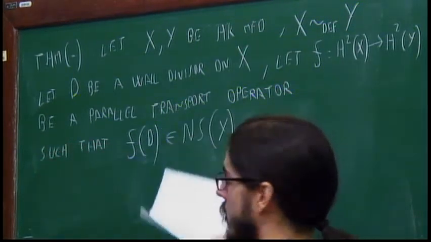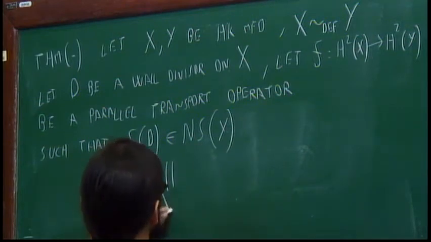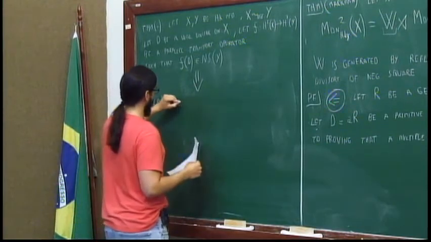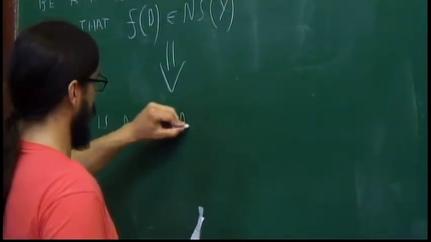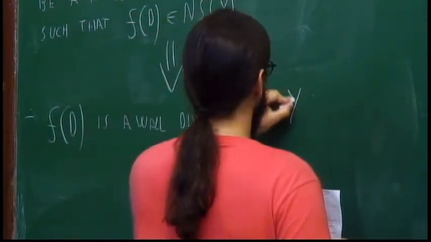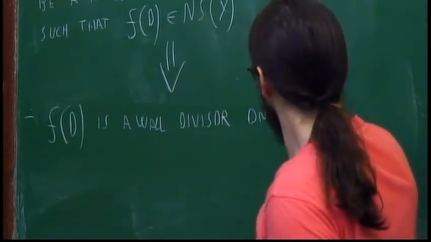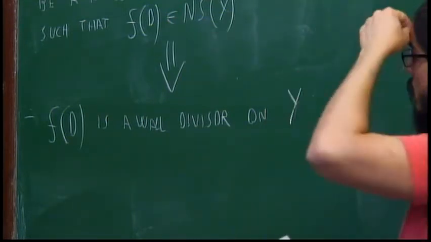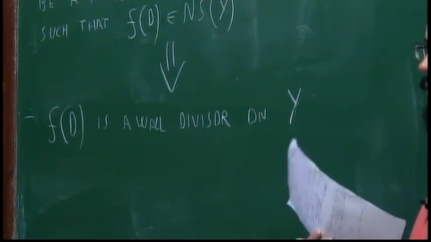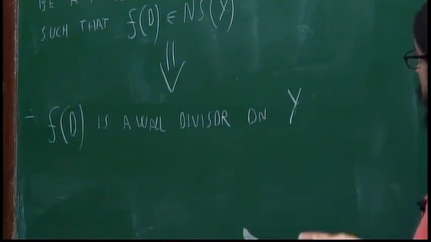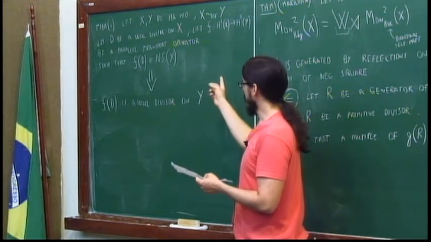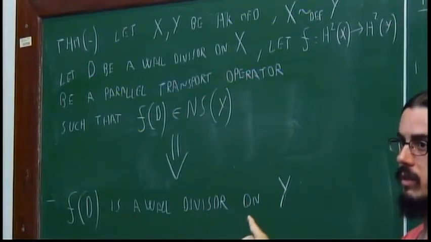So with all these conditions, we have that f of D is a wall divisor on Y. So here the example of K3 surfaces is slightly misleading, because on K3 surfaces all wall divisors are effective, while in the general case, a wall divisor need not be effective.